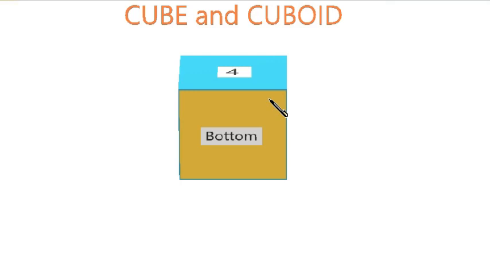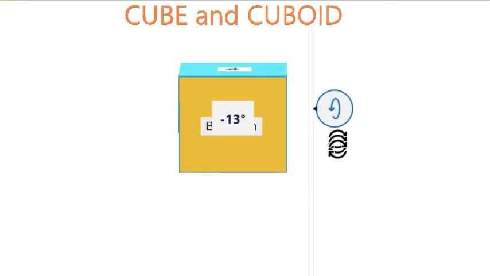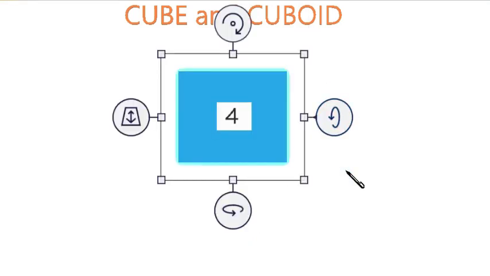So the total surface area of this cube means the area of 1, the area of 2, the area of 3, the area of 4, the area of 5, the area of the top surface, and the area of the bottom surface. So a total of 6 squares, and all those squares are equal by the definition of the cube, and hence you get the total surface area of a cube as 6s square.